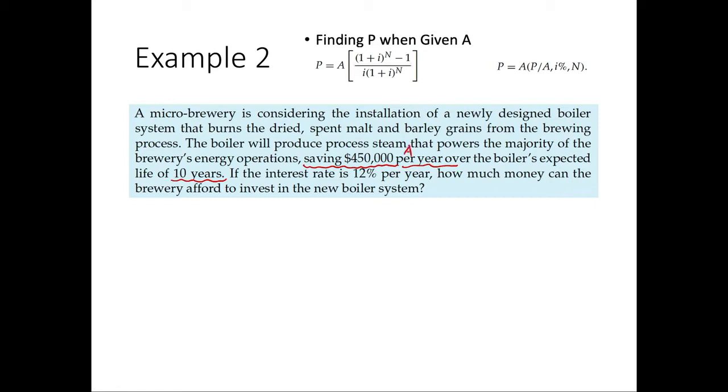That sounds like annuity, right? If the interest rate is 12% per year, how much money can the brewery afford to invest in the new boiler system? Okay, so how much you can pay, how much you would love to pay for this new boiler, so that you don't lose or you don't pay too much.